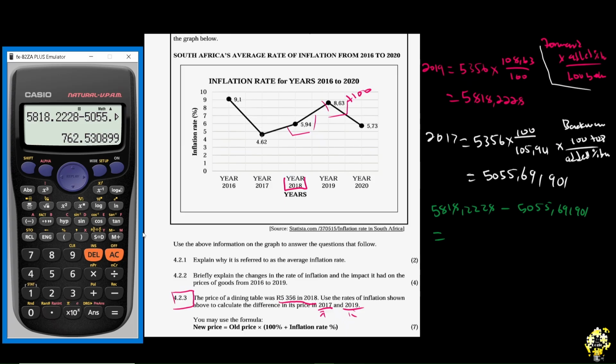We are actually getting 762.530899. We can round this off to 762.53.